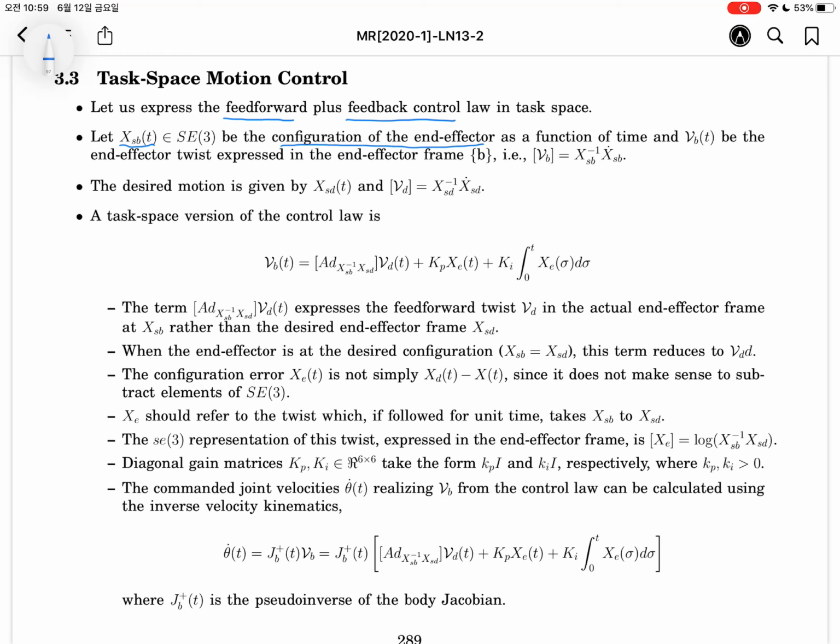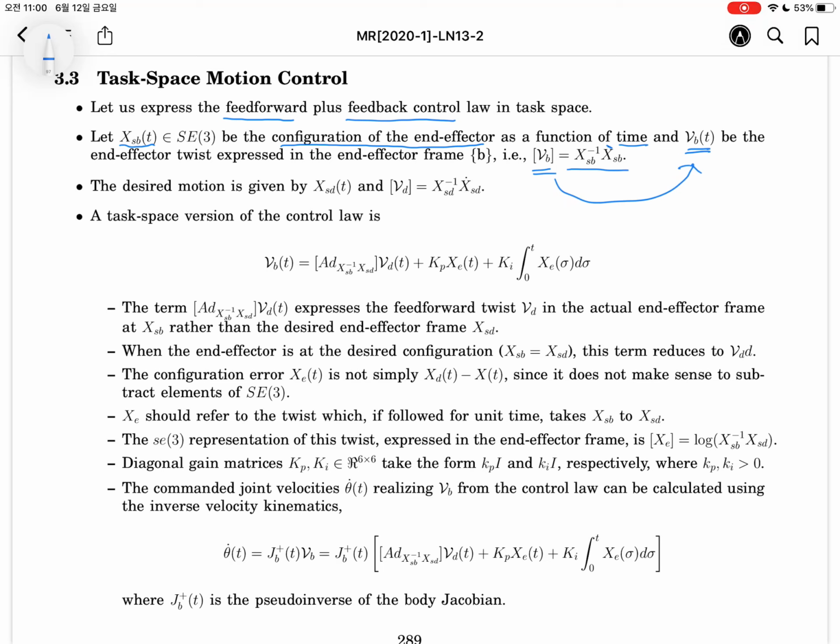The configuration of the end effector as a function of time will be given in terms of the space frame, and then the body twist is given by this formula, XSB inverse times the XSB time derivative. Then we can determine the matrix form of the body twist. From here we can extract the 6 elements to construct the body twist.